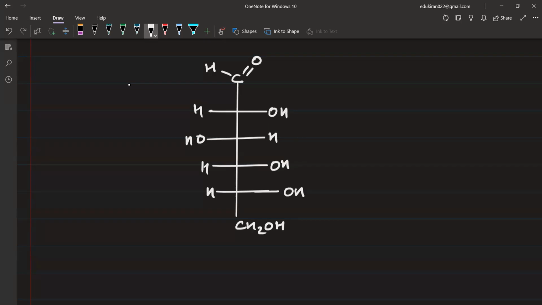You have this OH carbon. This is 1, 2, 3, 4, 5 and 6 carbon atoms. This OH here, it attacks onto this carbon atom, that is the aldehyde carbon. Why? Because this is delta positive.